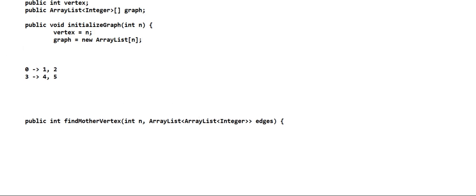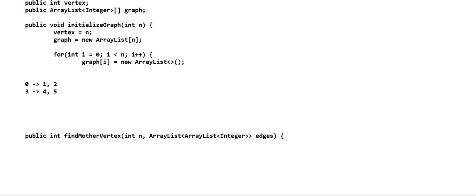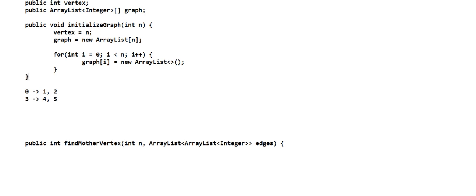And for integer i equals 0, i less than n, i plus plus, graph of i, this is the array, so graph of i is equal to new array list. I don't know the neighbors yet, but I know that these are all the vertices from 0 to n minus 1. Those are all the vertices that we have in our graph. So that is the initialized graph.